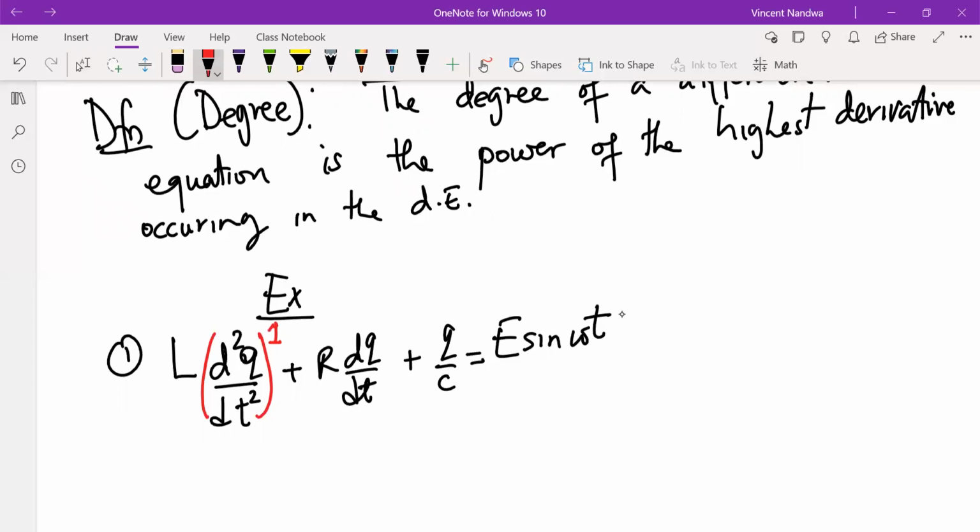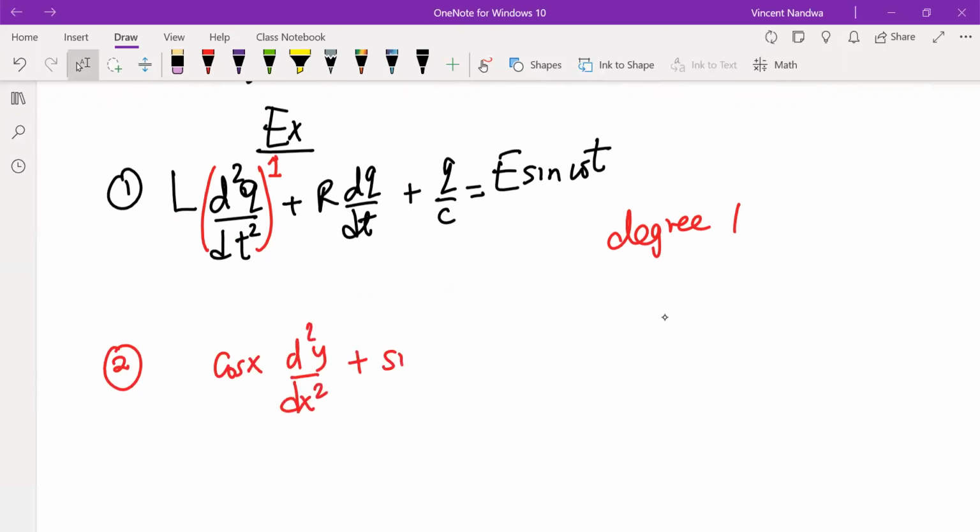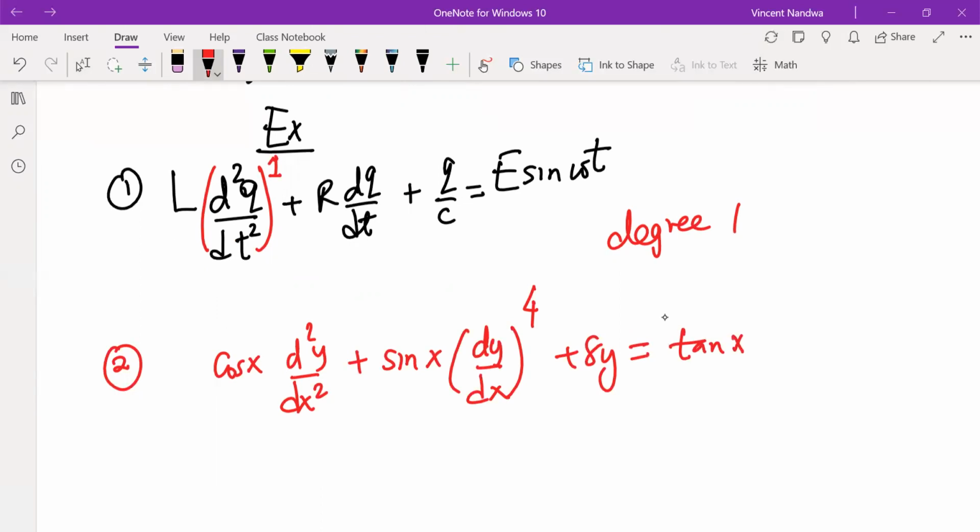So the degree of this equation is 1. Number 2, if we have cos x d squared y/dx squared plus sine x (dy/dx) raised to power 4 plus 8y equals tan of x, then this is the highest derivative occurring in this equation. So the degree will be determined by the power of this second derivative, and this is still 1. So this is also degree 1.